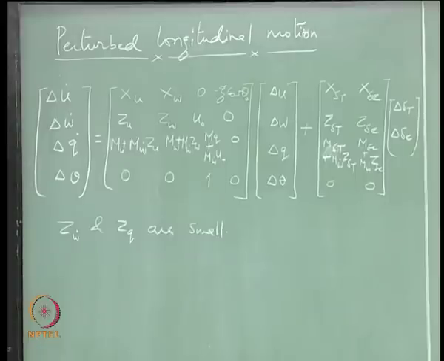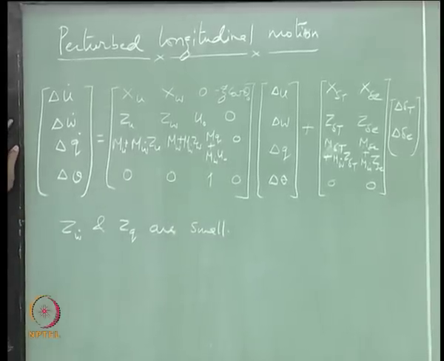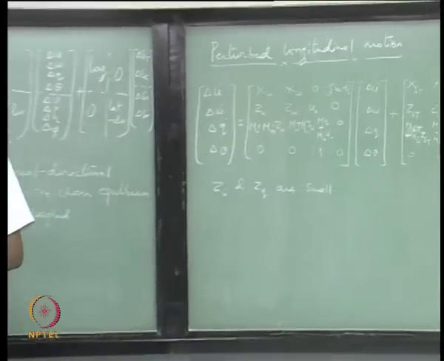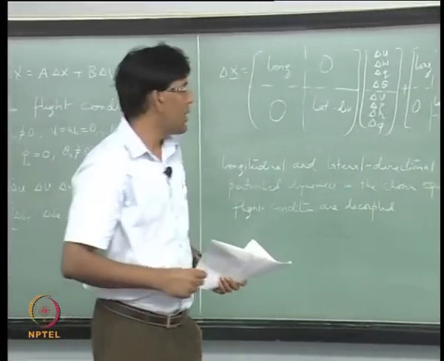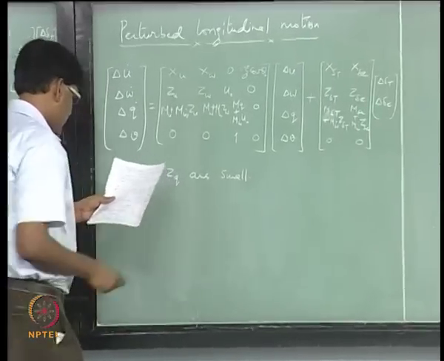If they are significant, you have to keep them. So I am only trying to look at a form where I can do some analysis analytically, right. I do not have to depend upon a computer for doing an analysis in this case.